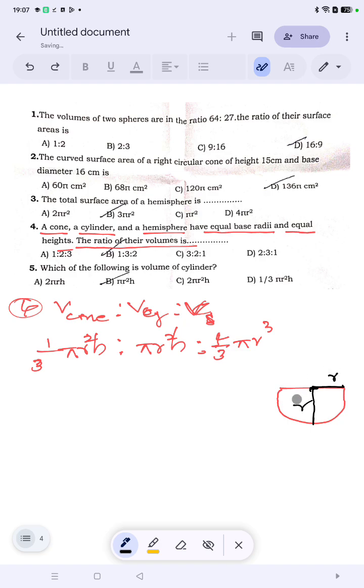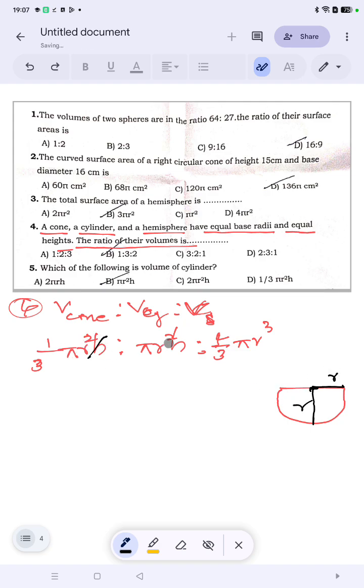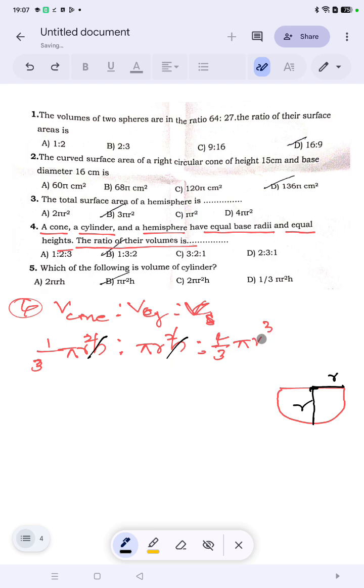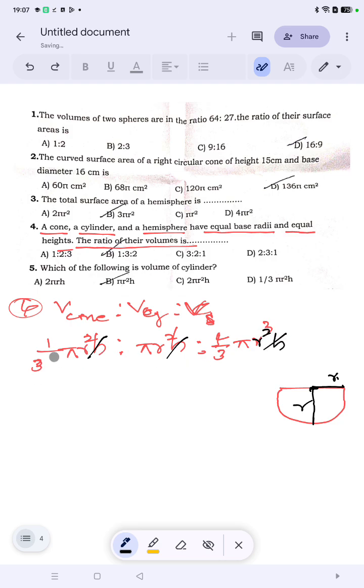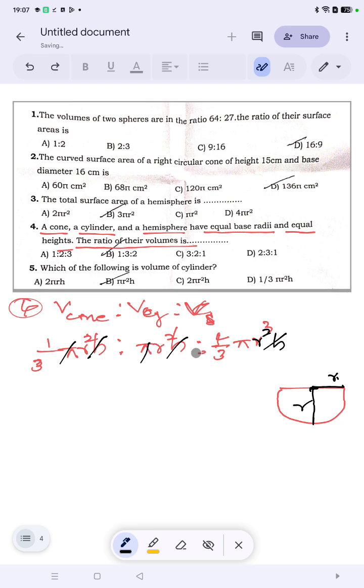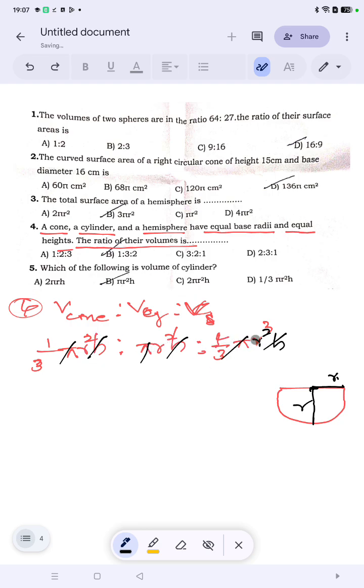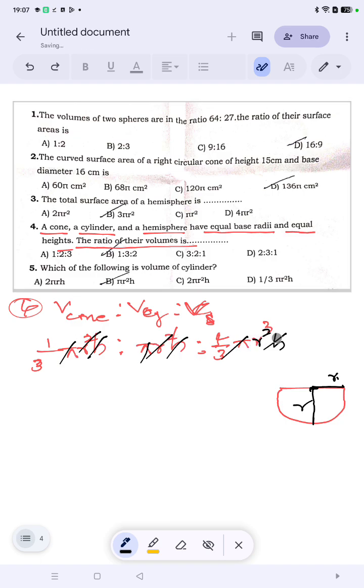So r is equal to h. So we can take r square and h, and these will get cancelled. The pi also gets cancelled. Here r square, here r square, so all three get cancelled, r square also. Now what is left over?